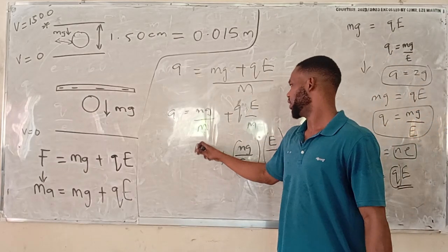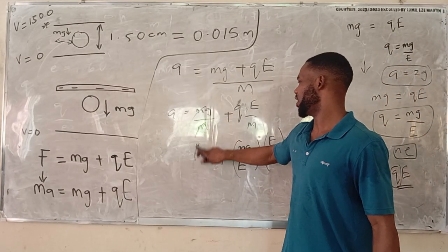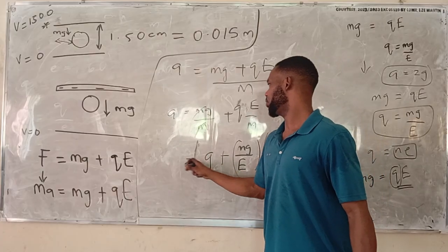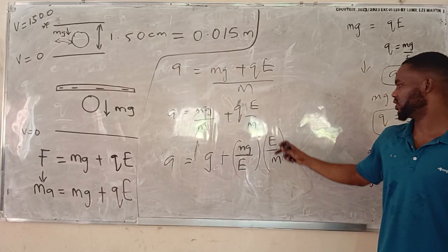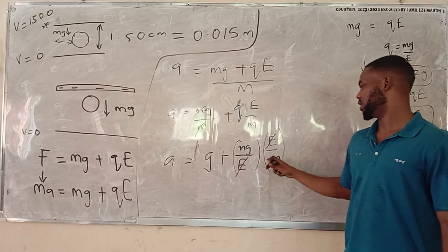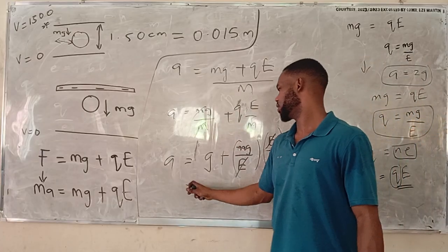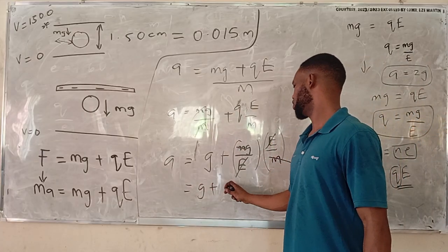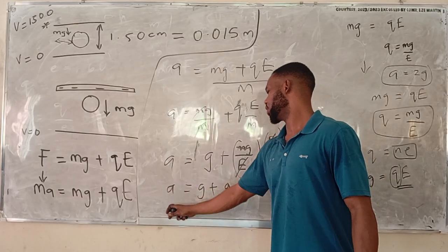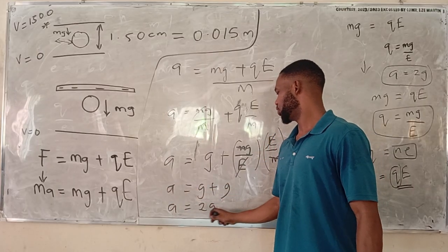Now this can cancel this, so I now have g equals a. This can take care of this, and this can take care of this. So you're left with g plus g. So acceleration is equal to 2g.